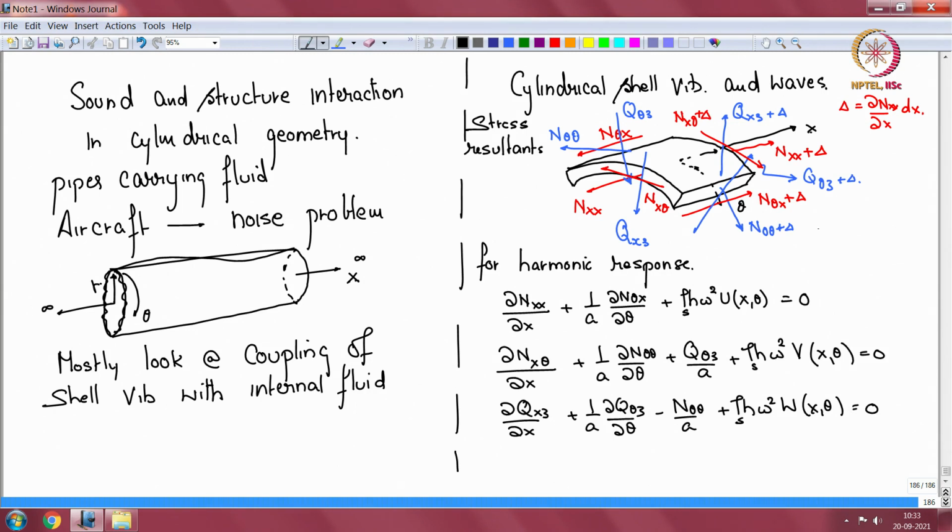So u(x,theta) is axial displacement, axial displacement of a point in the x direction. Then v(x,theta) is torsional, it's this way. V displacement is this way. Then w displacement is transverse.